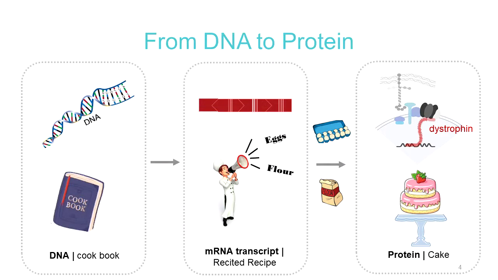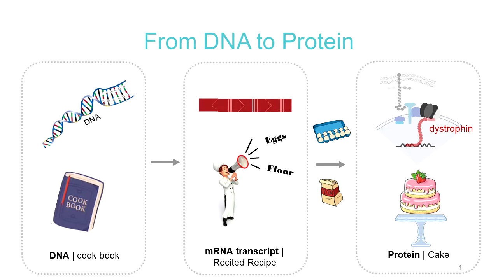So you can also think about DNA as a cookbook. Every cell in our body has the same cookbook. But bone is going to be different from liver, which is different from muscle, and it depends on what kind of recipes we derive from this cookbook.